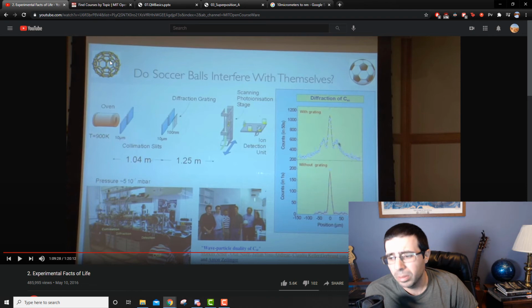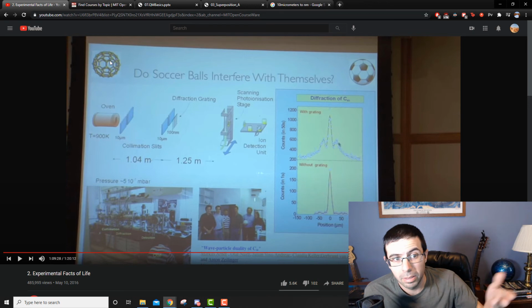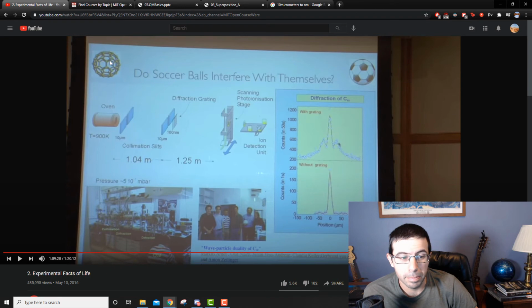It makes sense somewhat with light, but as we move further into particles, like this molecule here, buckyball, whatever it's called, this thing gets more massive, so it needs a smaller slit.